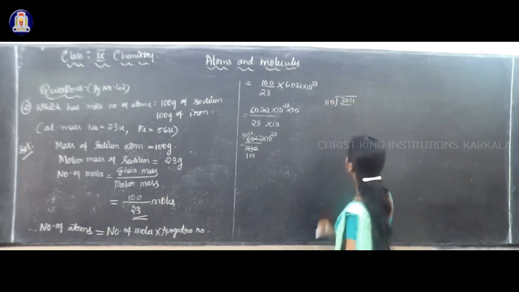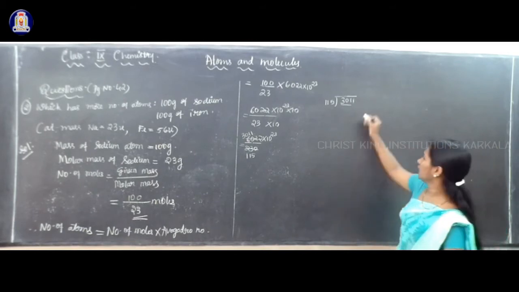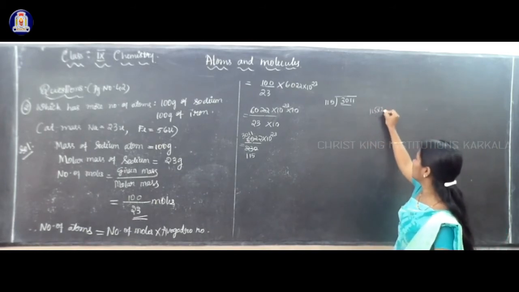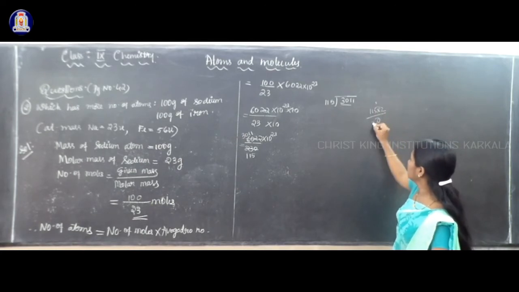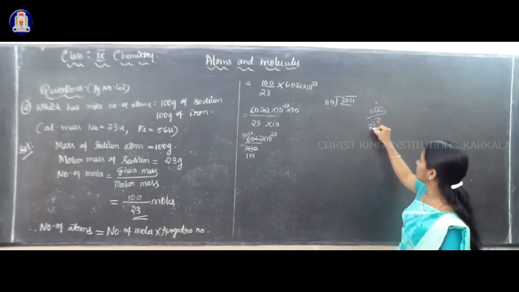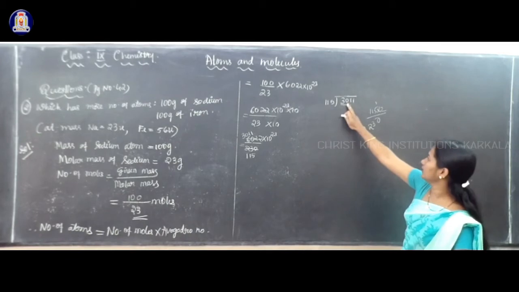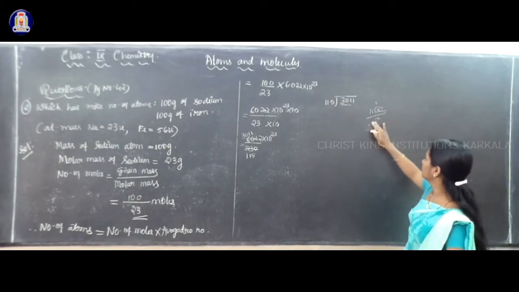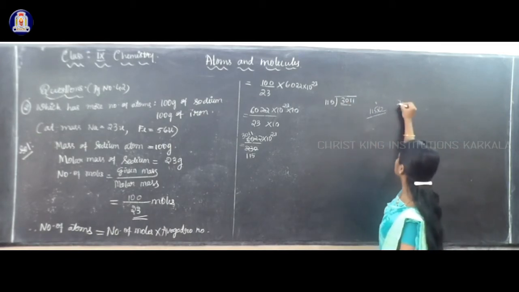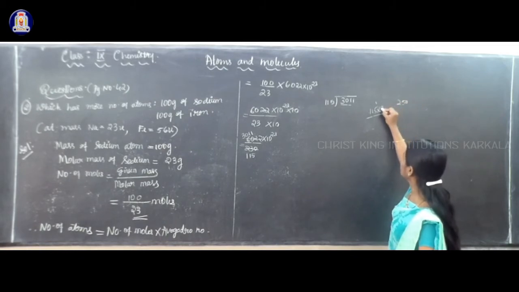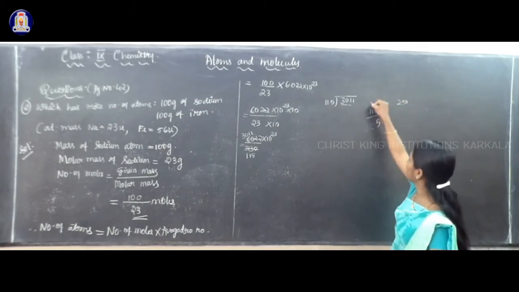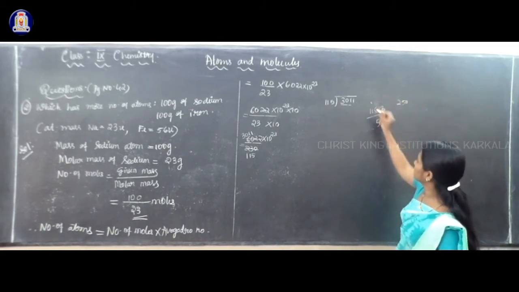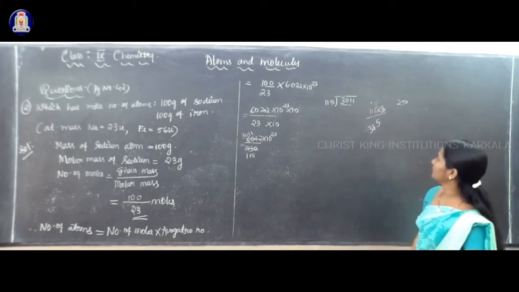So you have to take 301. 115: 2 fives are 10, 2 ones are 2 plus 1, 3, 2 ones are 230. This is 301. 3 ones are 3; 3 fives are 15, 1 carry, 3 ones are 3 plus 1, 4, 3 ones are 3, 345.